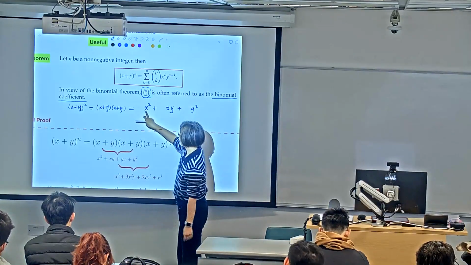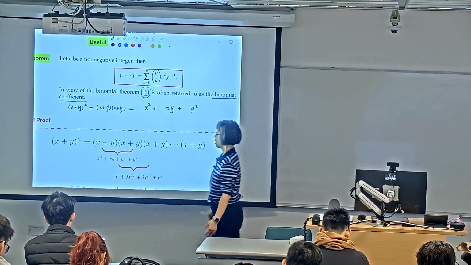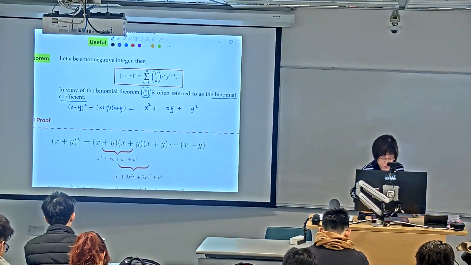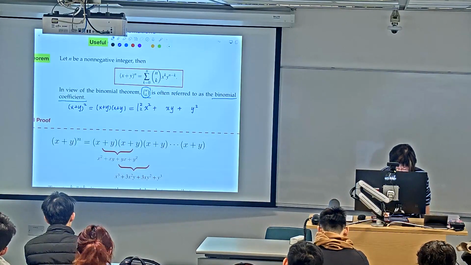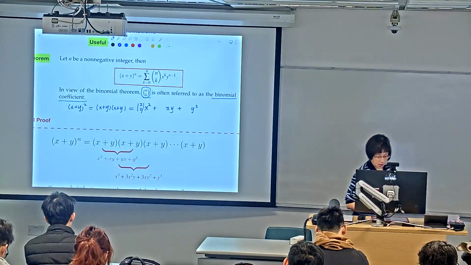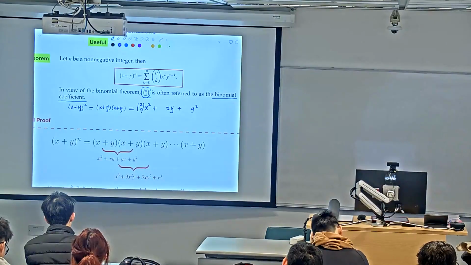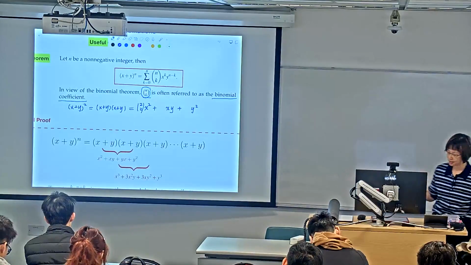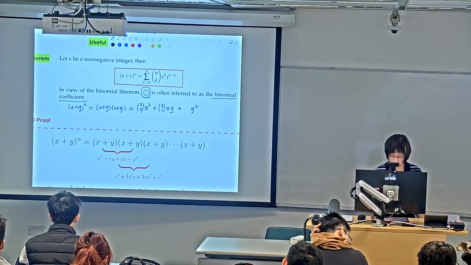So if you want both of the brackets to contribute x, we choose two brackets out of the two to contribute the x term. And to get the cross term, we choose one of the brackets out of the two to contribute x. The other one automatically contributes y. So we have to choose one in front.